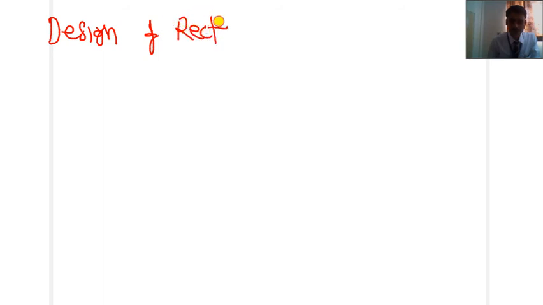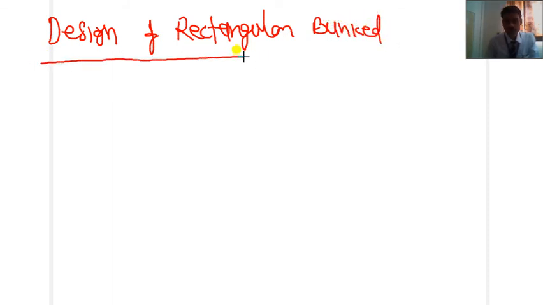And if we talk about the design criteria, design of rectangular bunker, we can provide a rectangular or a circular bunker, both. But here first of all we will discuss the design of the rectangular bunker.